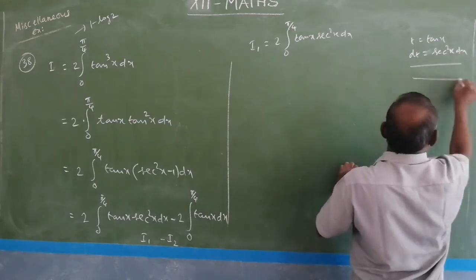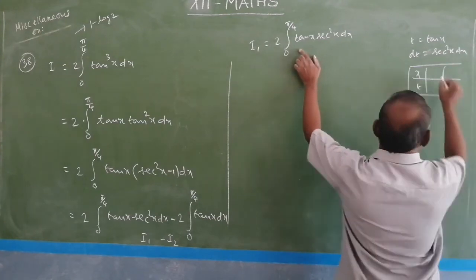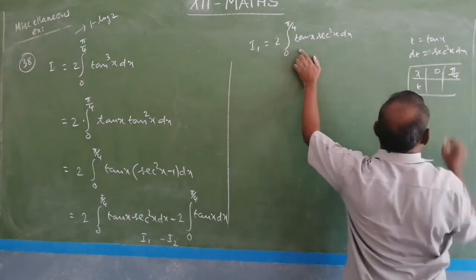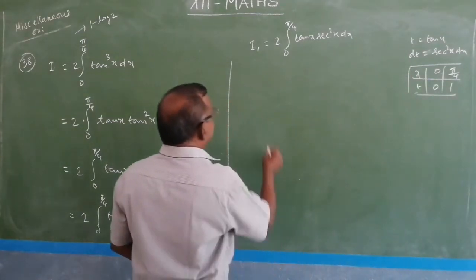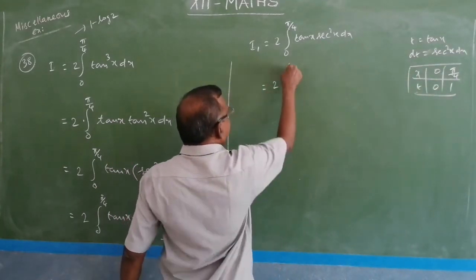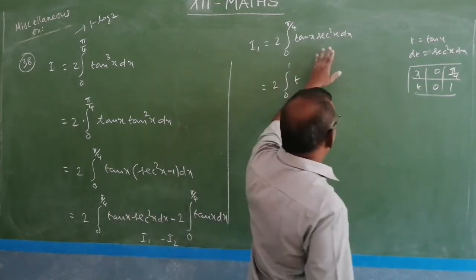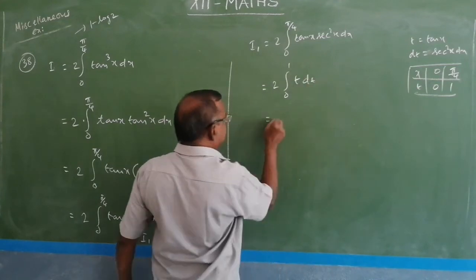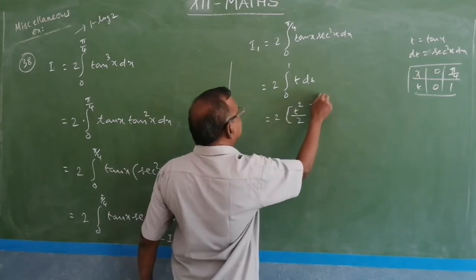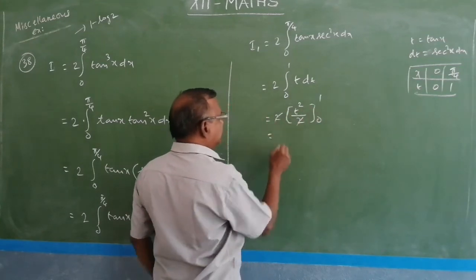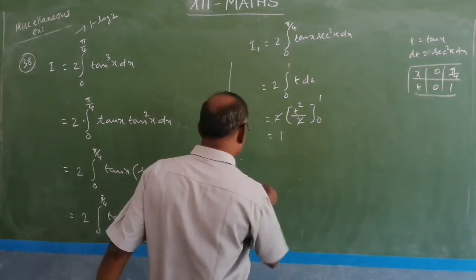Change the limits: for x equal to 0 and pi by 4, tan 0 equal to 0, tan pi by 4 equal to 1. So this is equal to 2 into integral 0 to 1 of t dt, that is equal to 2 into t square by 2 from 0 to 1. So the upper limit is 1 square and the lower limit is 0, and I1 equal to 1.